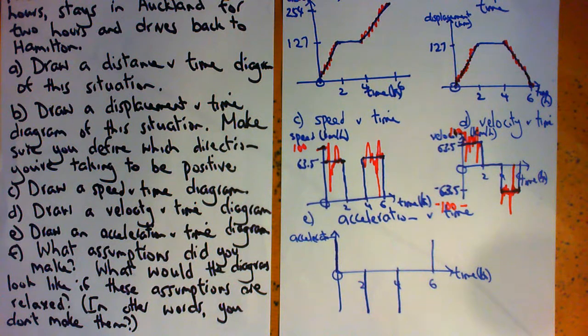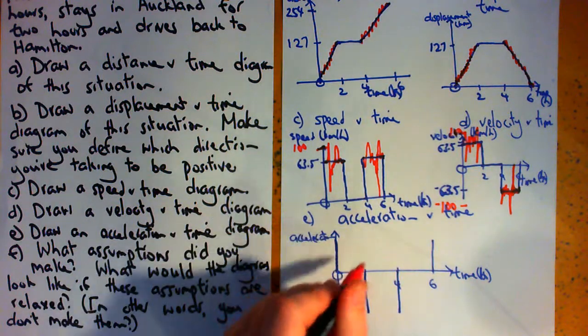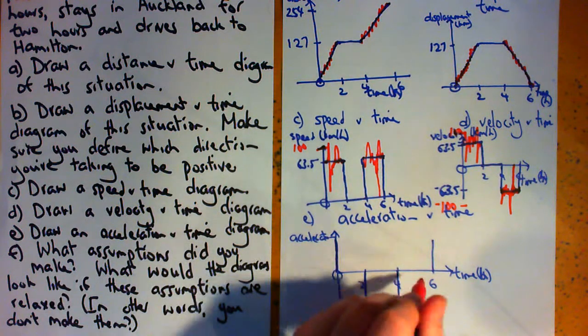And for the acceleration versus time diagram, what we've got so far is that the only changes in velocity are at 0, 2, 4 and 6 hours, but if the velocity is changing, then that means there will be other accelerations on the way as well. So there will be other spikes on the graph as well.